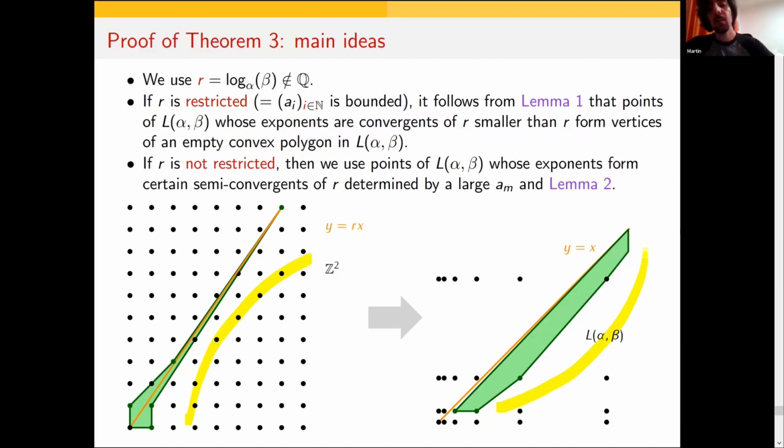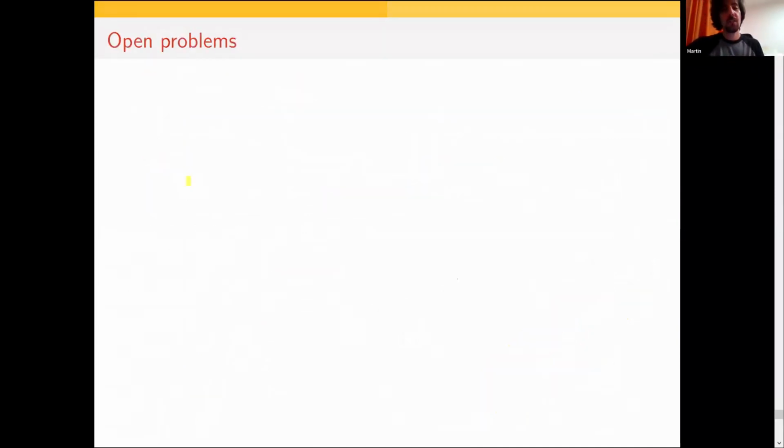And what is nice is that the property of emptiness still holds. The fact that the convergents are best rational approximations is still sufficient to show that this green area is still empty. And because this is convex, we have an empty convex polygon, which can be arbitrarily large in my exponential lattice. And this eventually proves this infinite lower bound. In this non-restricted case, we do the same thing, but with semi-convergents. But all the ideas are very similar. So that would be the sketch of this proof.